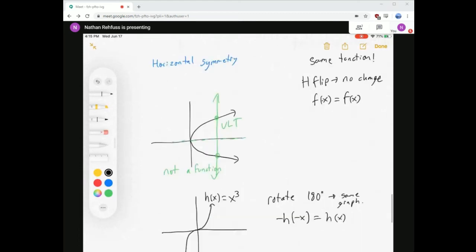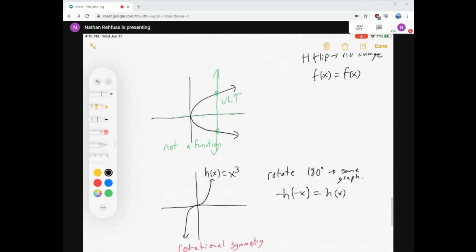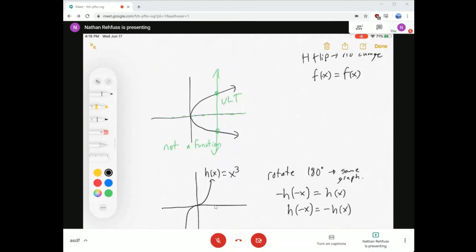This one's f of negative x, and this one's negative h of negative x. But let's multiply both sides by negative one. h of negative x equals negative h of x. So I'm saying, whether I do a horizontal flip or a vertical flip, I get the same result.